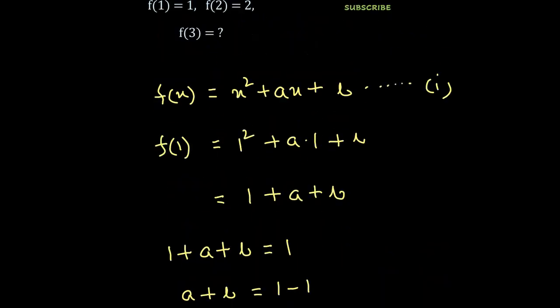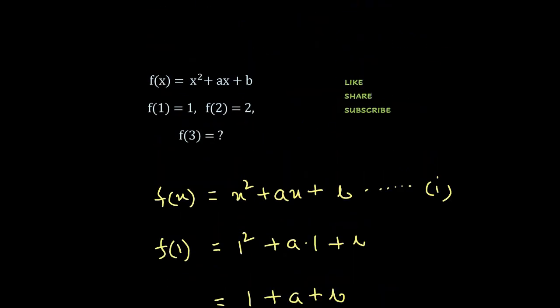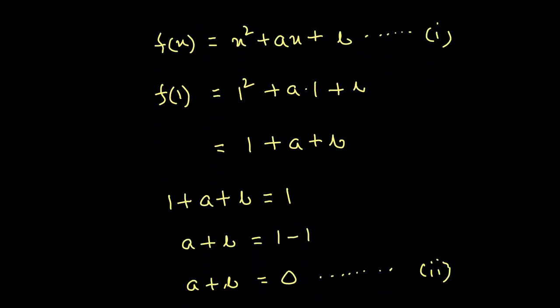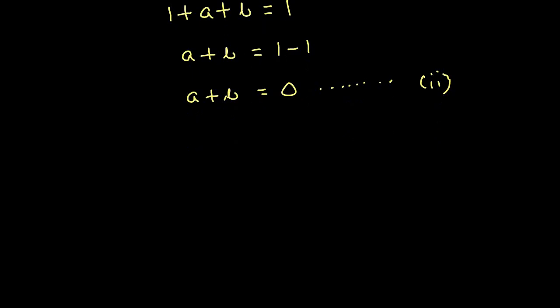Now we have f(2) equals 2. So if we put the value of 2 in place of x in equation number 1, we have f(2) equals 2 squared plus a times 2 plus b.